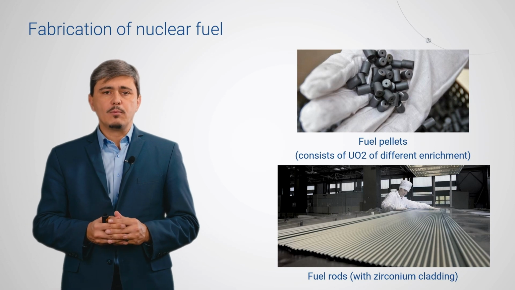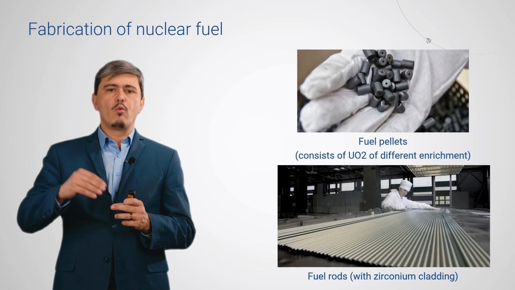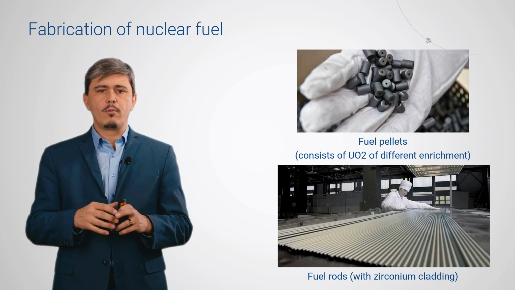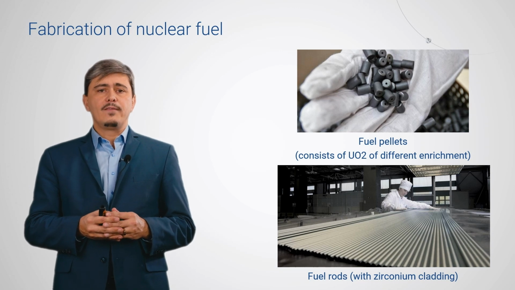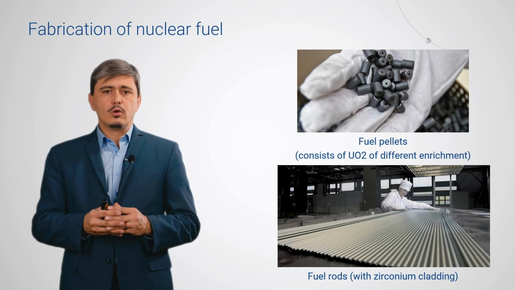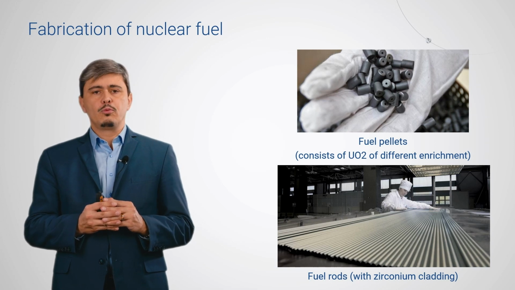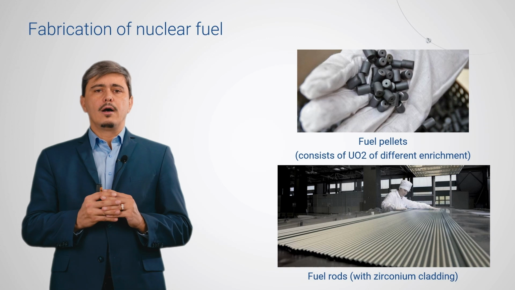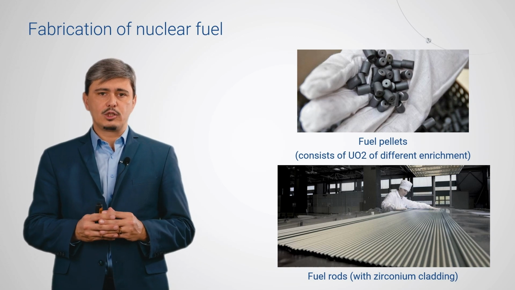So, very small fuel pellets on the next stage should be stacked one by one, and in this way we can form a very long cylinder of fuel elements. This cylinder will be enclosed in special thin tubes called fuel elements. You see an example of fuel elements on this slide as well.